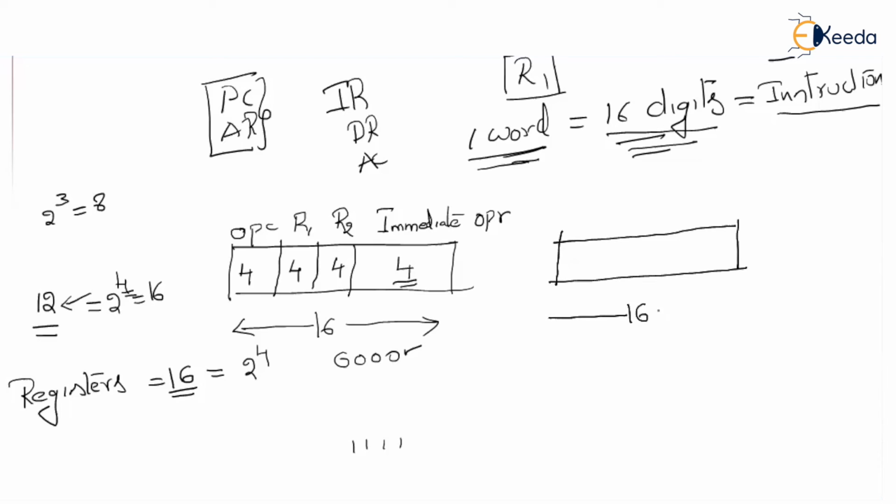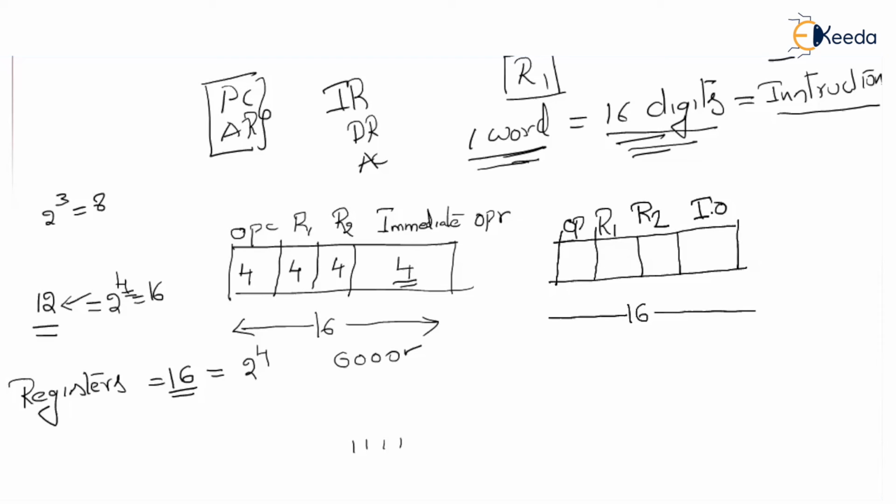Here it is 16. Then divide the fields: opcode, first register operand, second register operand, and immediate operand.